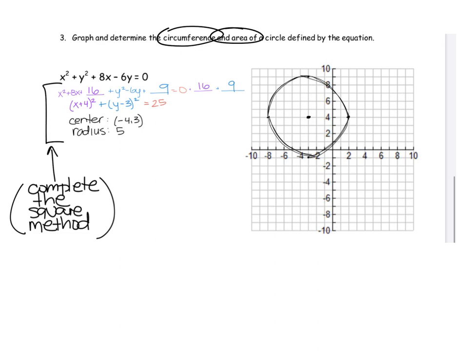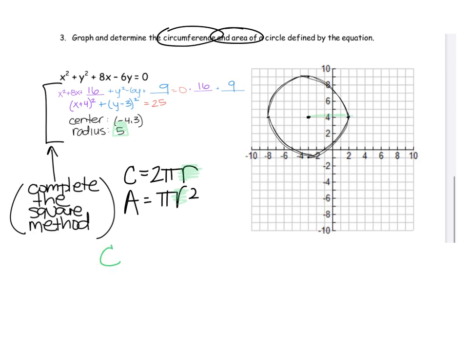So my formulas are that the circumference is 2 pi r and the area is pi r squared. So you'll notice that the only parameter here that we need is actually the radius. So I need the radius of this circle, which we have as 5 from our equation, or we can count as 5 on the graph.